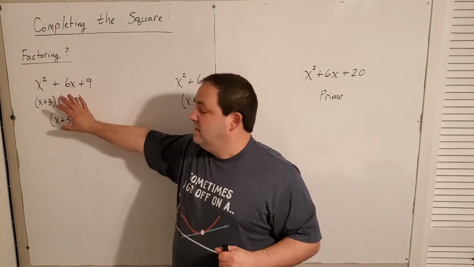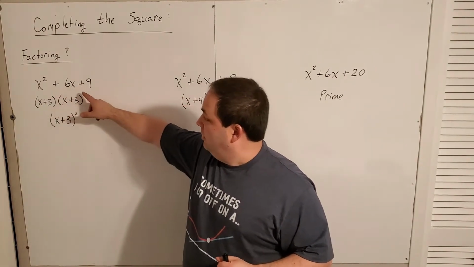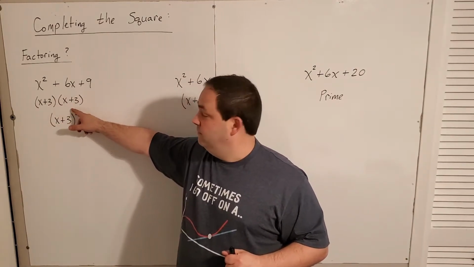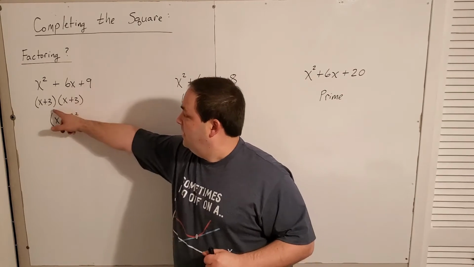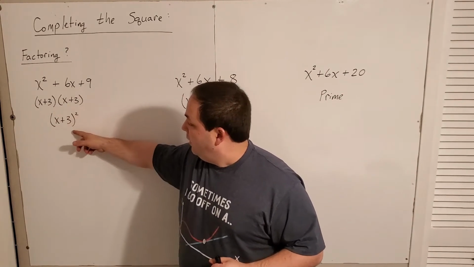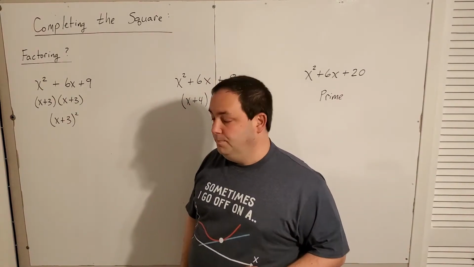You can have things that are already perfectly factorable, like x squared plus 6x plus 9 factors into x plus 3, because 3 plus 3 is 6 and 3 times 3 is 9. But since they're the same thing, I can write it as x plus 3 squared. That's a perfect square trinomial.